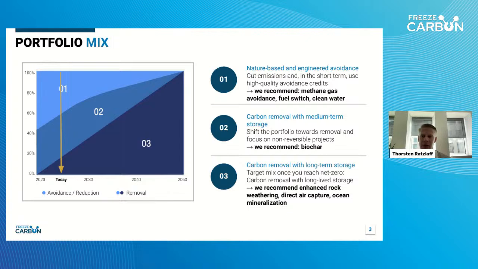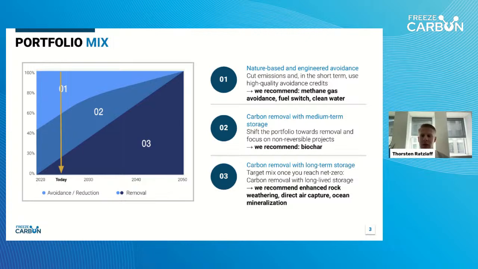And they have a bit of an offering, and we customize that. In the three buckets, in the first bucket, we recommend, for example, methane gas avoidance, or fuel switch, or clean water projects. So these are avoidance projects. In the second bucket, we recommend biochar, especially if it's around 100 years permanence. And then in the third bucket, we recommend very long-term storage projects like direct air capture, enhanced rock weathering, mineralization, or also biochar that is on the level of 1,000 years permanency.